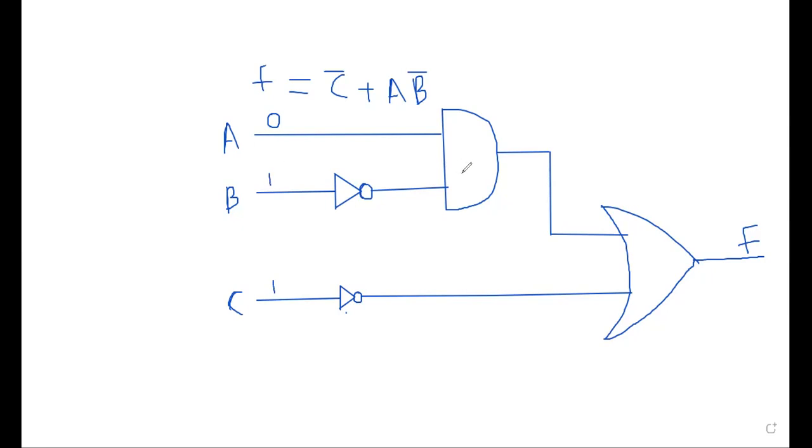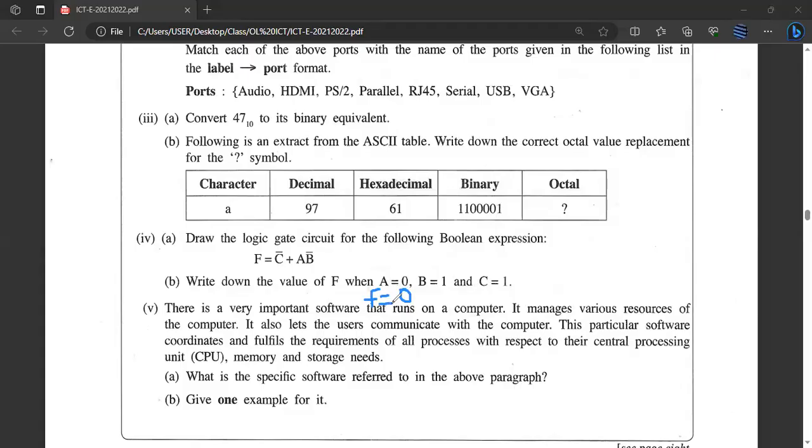When B comes to this side, it will be 0 because of the NOT gate. Then C, when it comes to this side, it will be 0 because of the NOT gate. And then here, A you have 0, B here 1 is coming, but due to the NOT gate, it will be 0. Then 0 AND 0, here we will be getting 0. Then 0 plus 0, for F you will be getting the final answer as 0. So for that, the answer is 0.